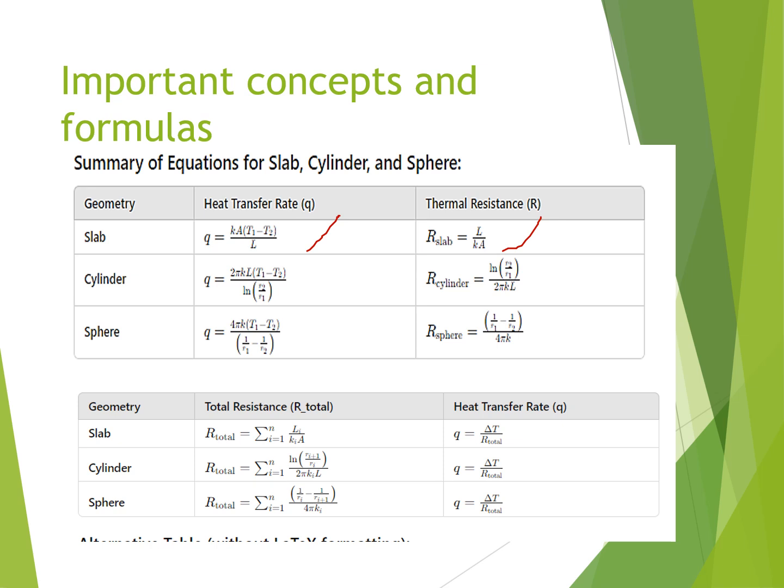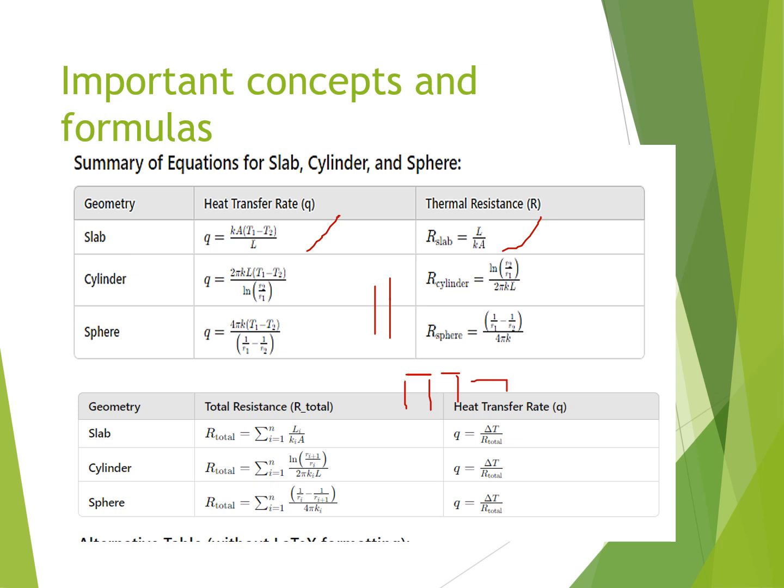So this is for just one cylinder or one kind of slab when there are only two sides. But if it is a composite slab or a composite cylinder which has many layers, then the resistance will be the total resistance. First, we'll calculate the resistance of this part, then the resistance of this part, then the resistance of this part.